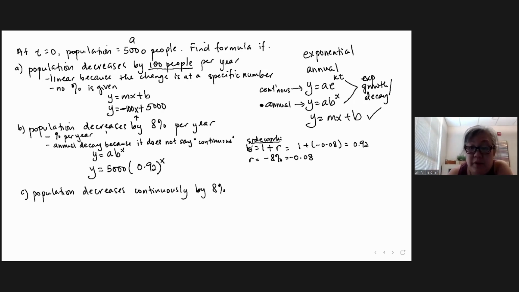So on the side work, you can say B is equal to 1 plus R. What is given to you? R is negative 8%. So you're going to change into decimal, negative 0.08. So therefore, B is equal to 1 plus R, which is negative 0.08, is 0.92. You can show where you got that 0.92 from.